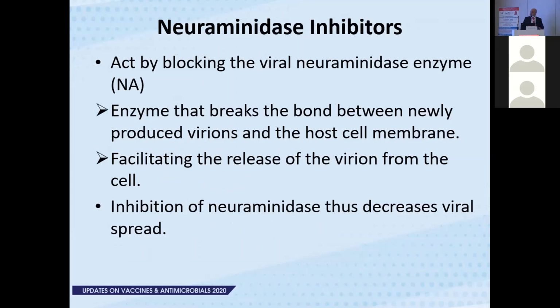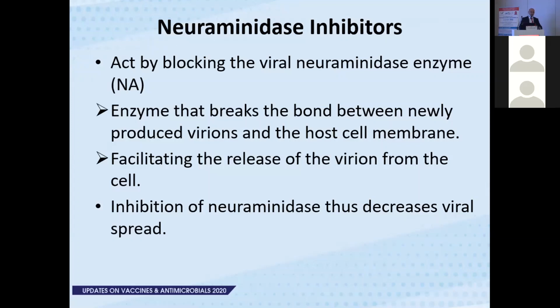Now, talking about the first class, neuraminidase inhibitors. They act by blocking the neuraminidase enzyme of the virus. If you remember the structure, we have hemagglutinin and neuraminidase. After the assembly of the virus on the surface of the cell, it needs to be released, but it will be stuck with the sialic acid, the receptor, which is found on the surface of the cell.